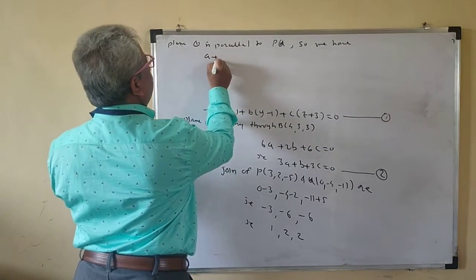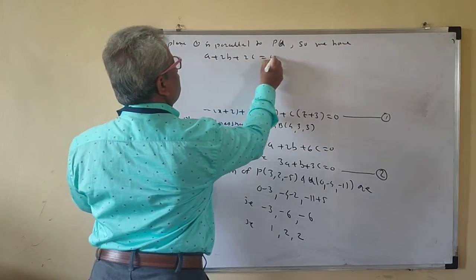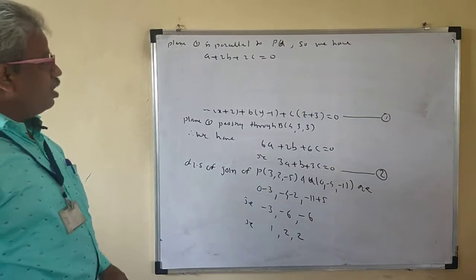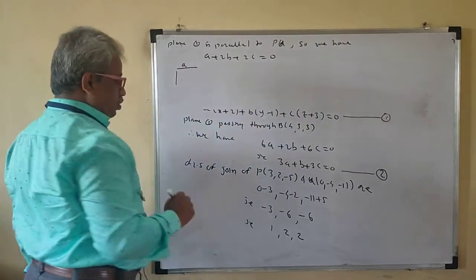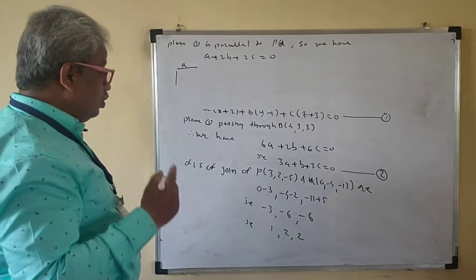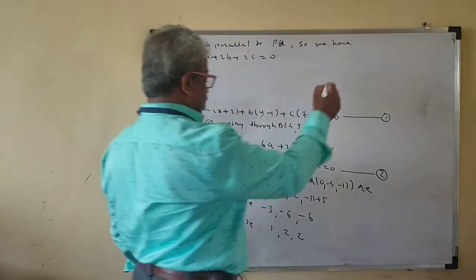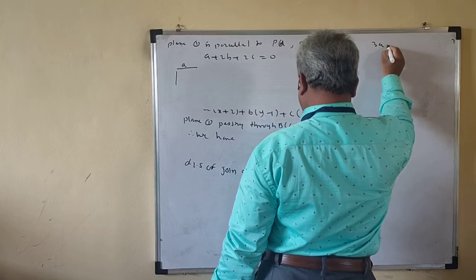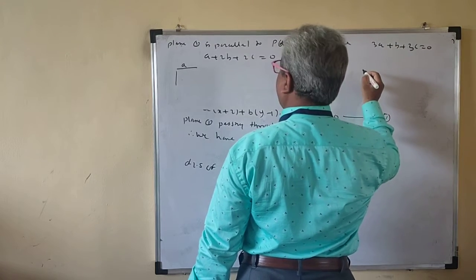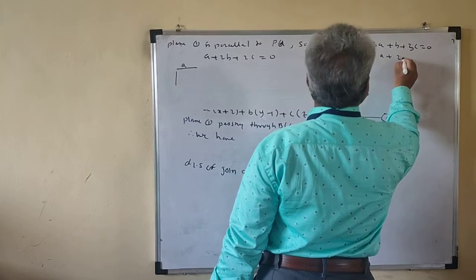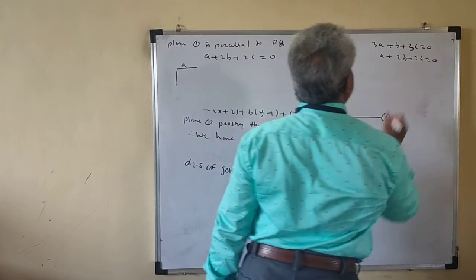This is a plus twice b plus twice c is equal to 0. So we can write the values of a, b, c now. We have 3a plus b plus 3c is equal to 0, and your equation a plus twice b plus twice c is equal to 0.